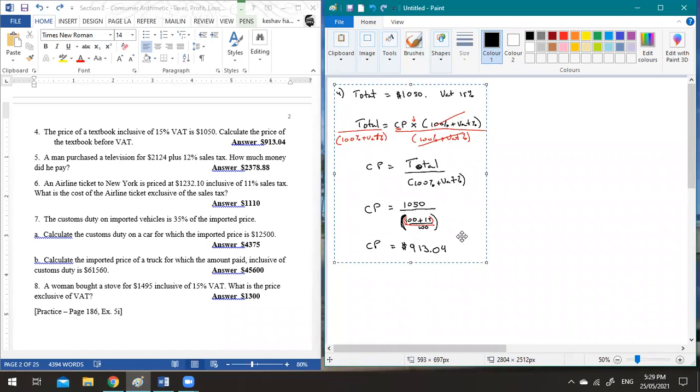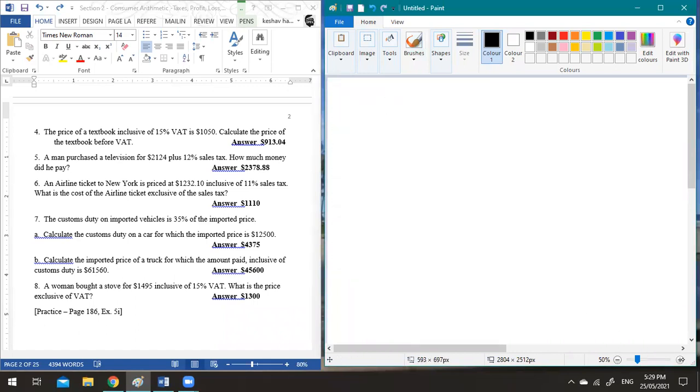So on to number 5. A man purchased a television set for $2,124 plus 12% sales tax. How much money did he pay? So again, they're asking for the total amount.